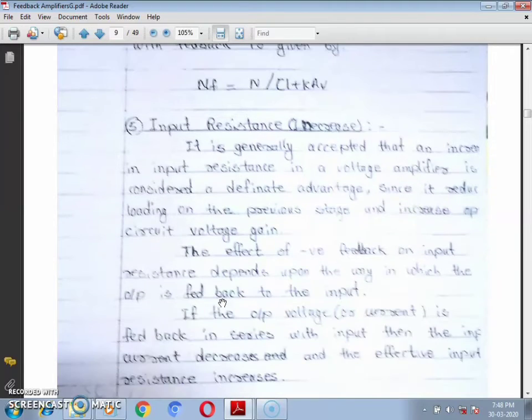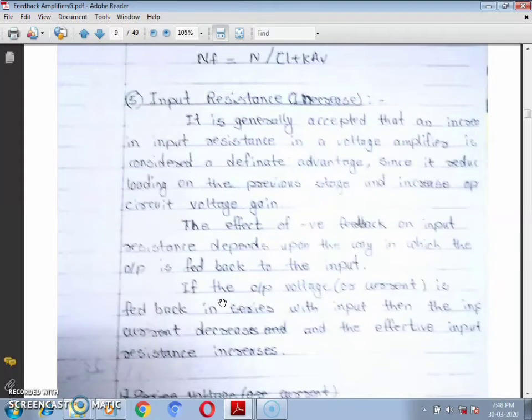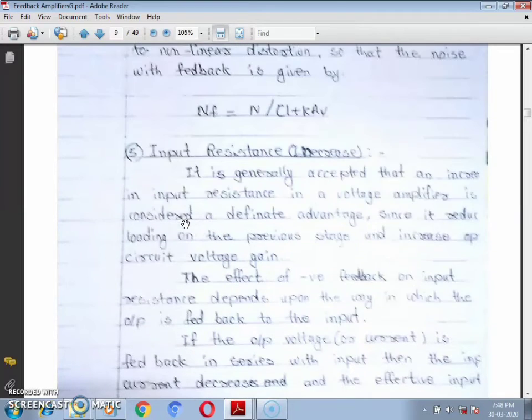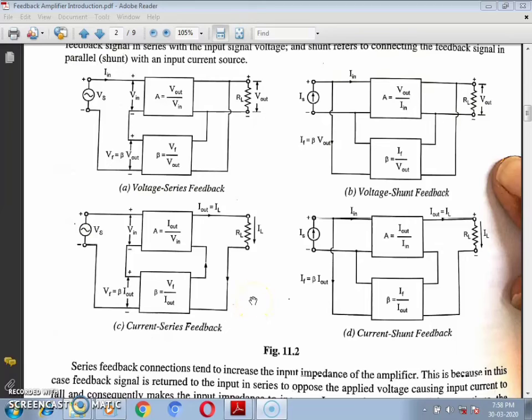Next, the input impedance. Before starting this, we have to look at the different types of negative feedback configurations or connections.